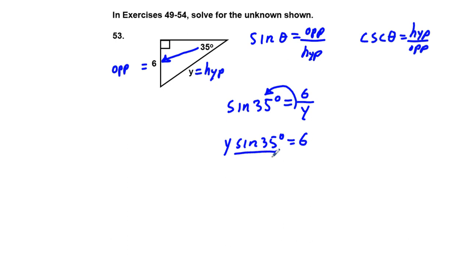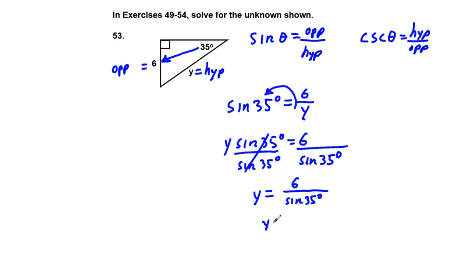Now to solve for y, if we divide both sides of the equation by sine 35 degrees, we have y isolated on the left side. So y is equal to 6 over the sine of 35 degrees.